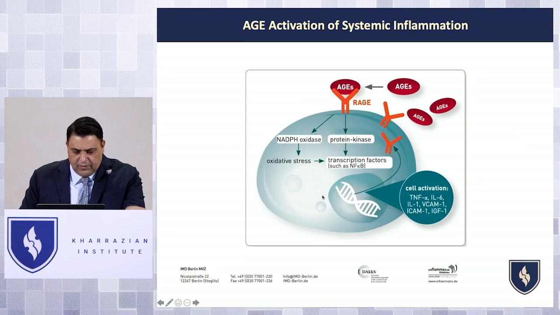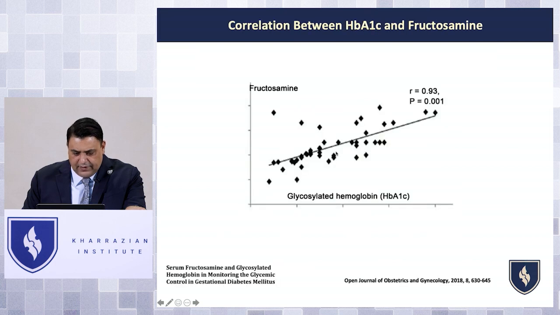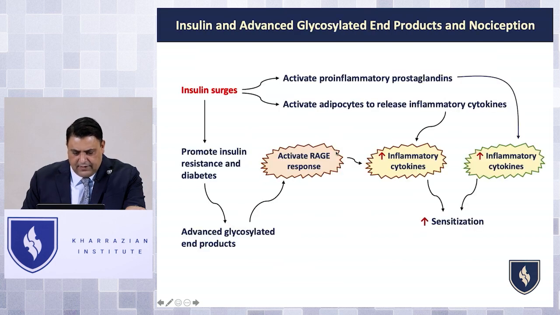And then glycosylated end products, we just talked about. When free radicals bind to glucose and become these glycosylated end products, those end products can cause significant pain and discomfort in people. So here you see a summary of those mechanisms. Insulin surges activate pro-inflammatory prostaglandins and then activate adipocytes to release inflammatory cytokines.